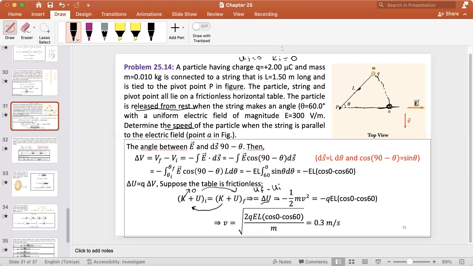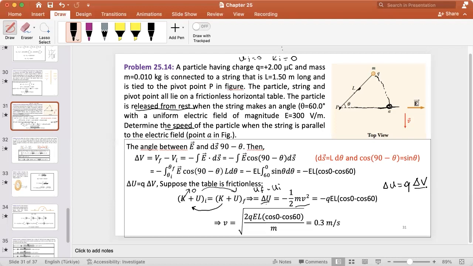If I know this one, I can calculate the velocity. Firstly, I have to know the potential energy difference. What's the potential energy difference? I know potential energy equals Q delta V, I mean charge multiplied by potential difference.